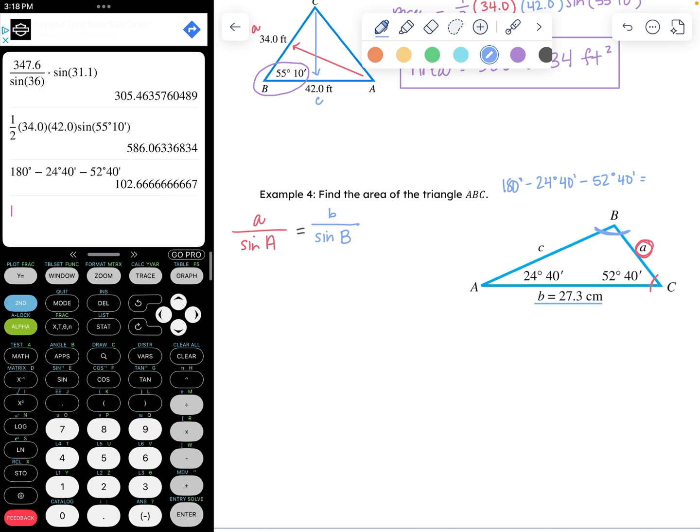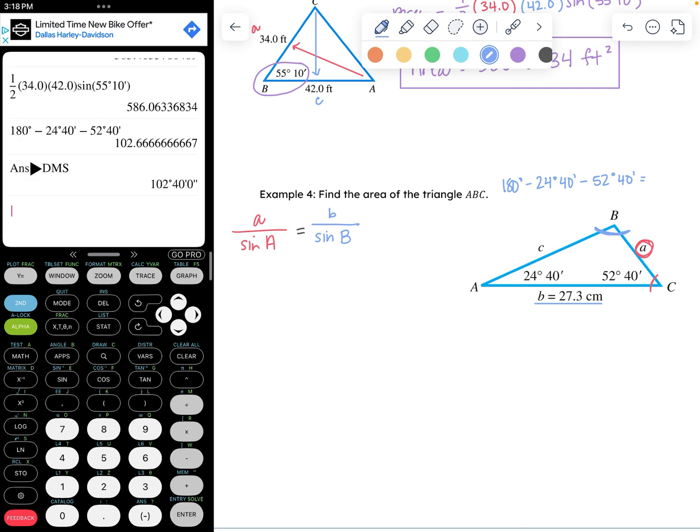Okay, that gives me this decimal. It's not a super great decimal because that 0.66666666667 repeating is a rounded number. That's not an exact value. So remember, if you hit second apps and then option 4, it would convert it back to degrees, minutes, seconds, and you'll see that it's going to be 102 degrees and 40 minutes.